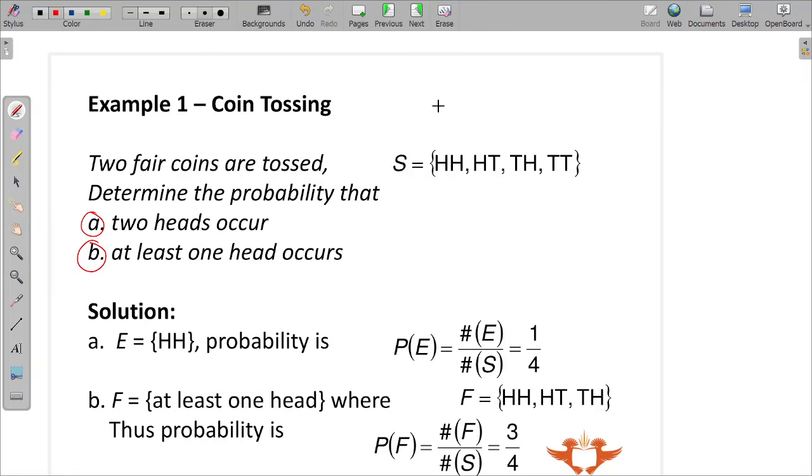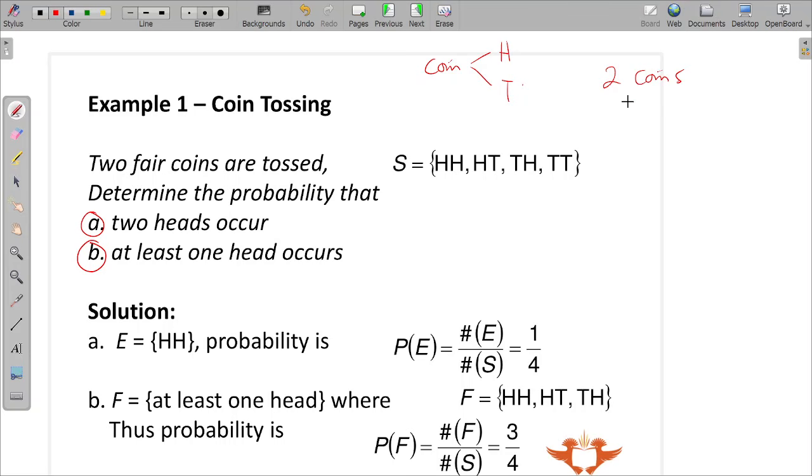Remember, we had this sample space before and we can still generate it. When two coins are tossed, each coin has a head or a tail. The first coin is a head or a tail, and the second coin is a head or a tail.